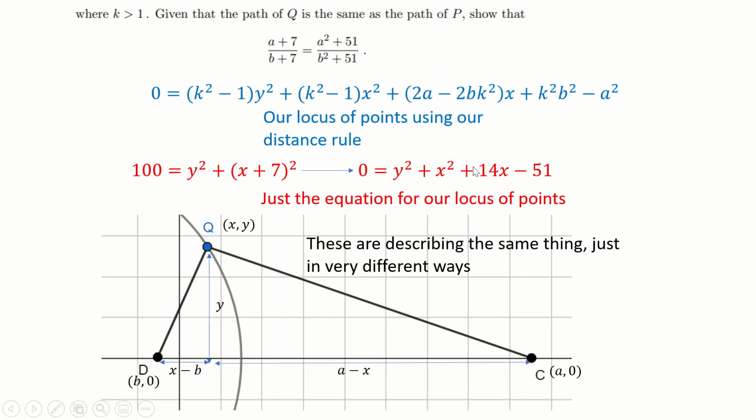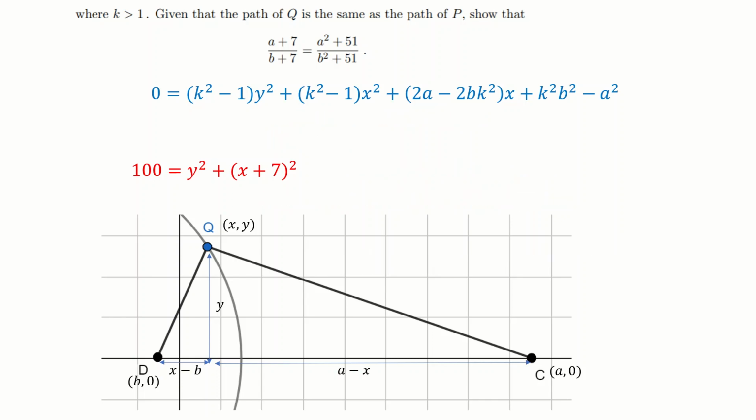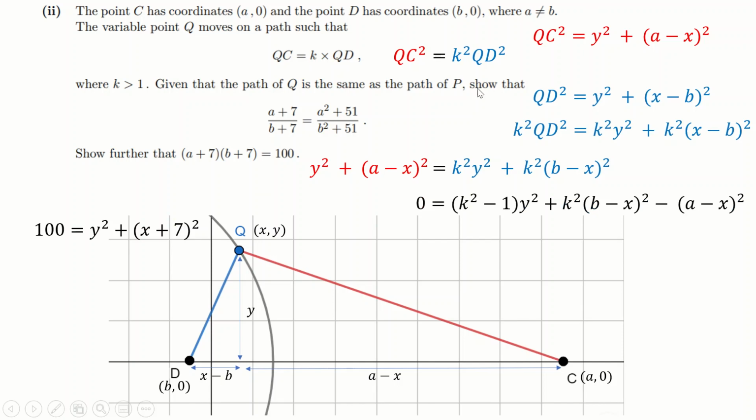Now, this is a problem. And the reason this is a problem is because when you do that whole setting everything equal to each other, like for instance here, I took this and I said, well, this is equal to the same thing as this is, because those two things are the same. Therefore, this equals this. But the only reason I was allowed to do that is because QC squared and k squared QD squared are just constants. They're just numbers.